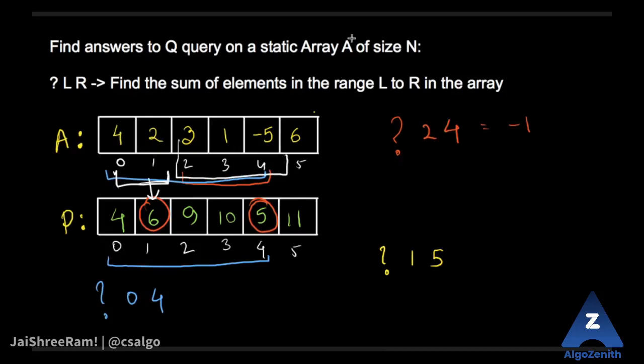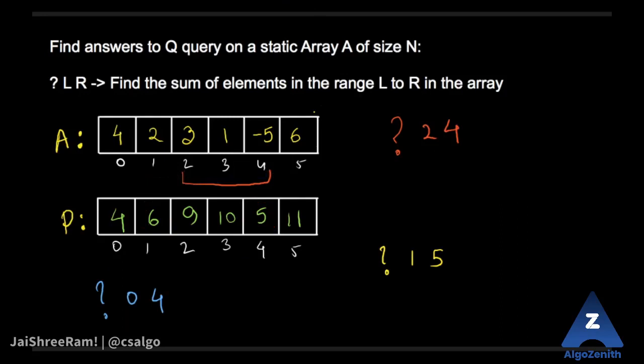Okay, so what we can do is, for 2, 4, we can just look at 4, that is this 5, minus, we can look at the index 2, but not up to 2, we just look at 2 minus 1, that is 1, because the 2 element will be included, right?